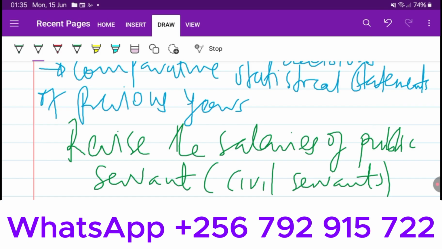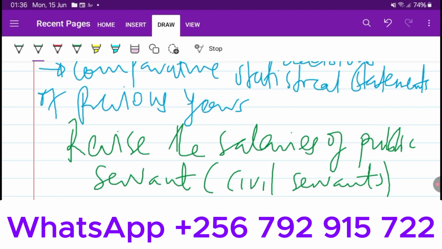Now, these are the people who work in the public organizations, maybe different local governments, maybe different authorities of the government, in different arms of the government.